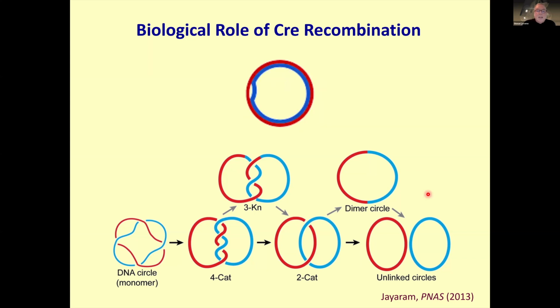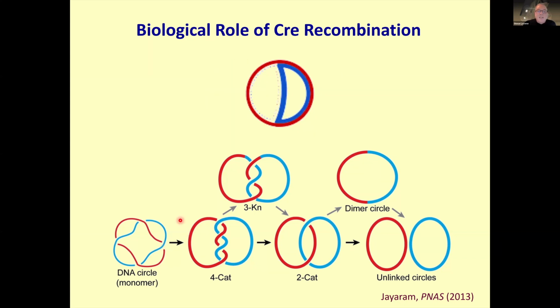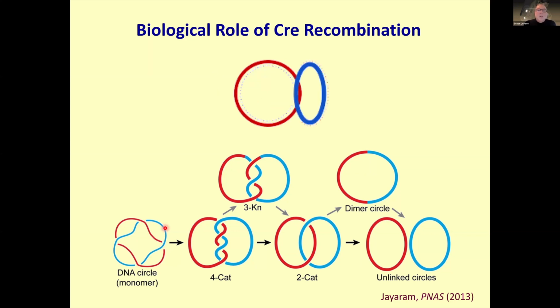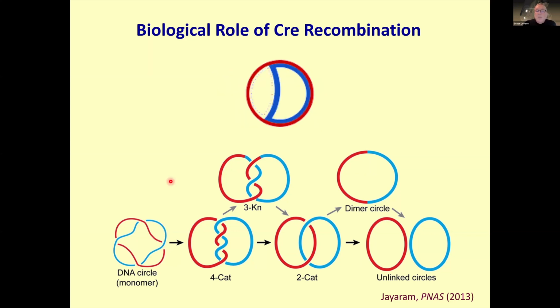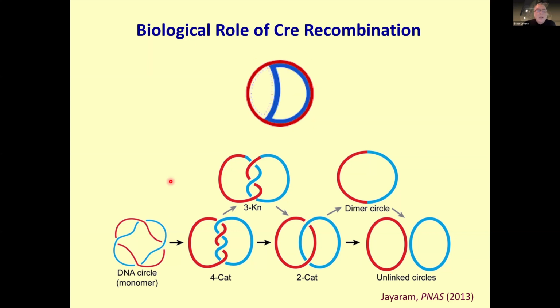And you can see at the bottom of the slide here a representation. By the way, the red and the blue here are the axes of the DNA. So in many of the diagrams, you'll see the double helical structure of DNA is not shown. We're looking just at the trajectory of the duplex DNA axis.